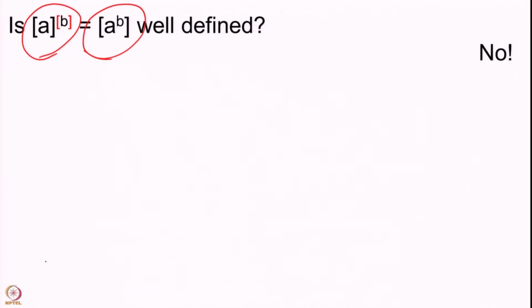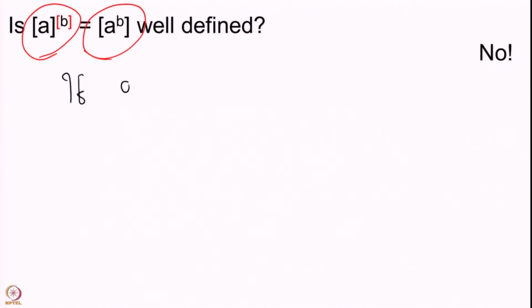Let us say that our example is that if we define it in this way, the class of A power class of B to be equal to class of A power B, then this operation or this definition that we are giving is not well defined, it does not make sense. So, why does it not make sense? Let us look at why this does not hold.